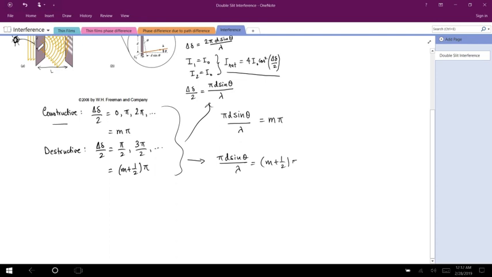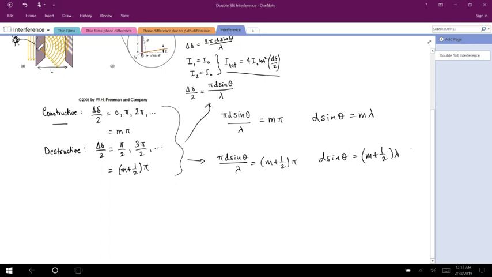And of course, one can just remove the pi's from both sides and multiply both sides by lambda. So that will give us d sine theta equals m lambda for constructive, and d sine theta equals (m plus 1/2) lambda for destructive.